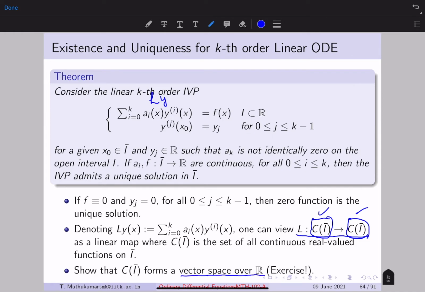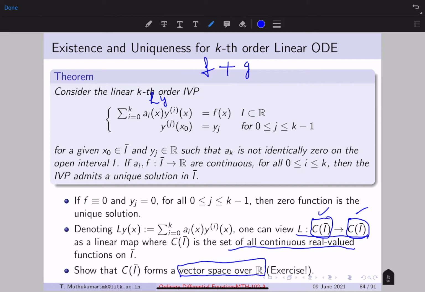Okay, so do it as an exercise: show that the space of all continuous functions is a vector space over R. You must have already seen these notions in your linear algebra course, so you know what to check. This set of all continuous functions has a notion of addition of two functions; you can add two continuous functions and it will remain continuous, and so on.